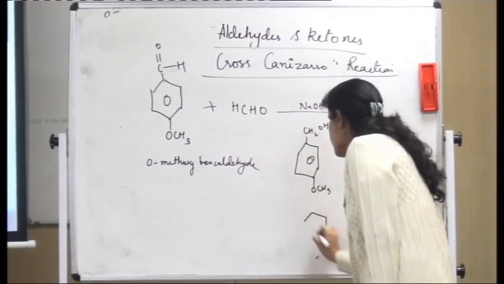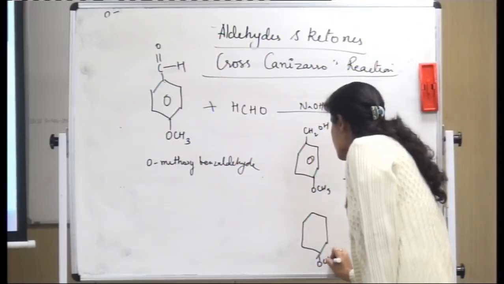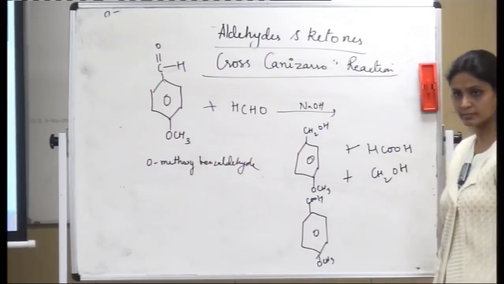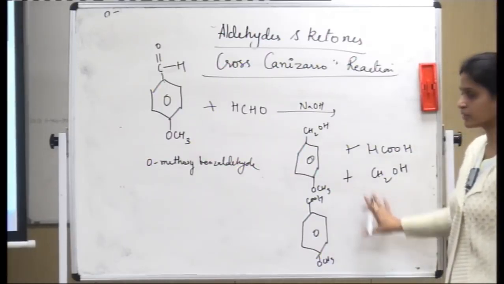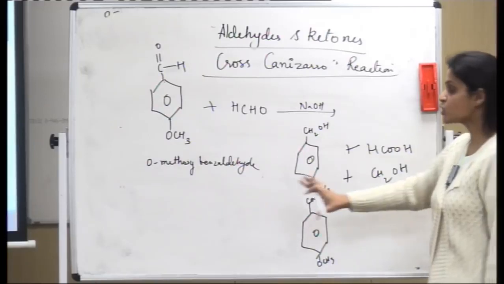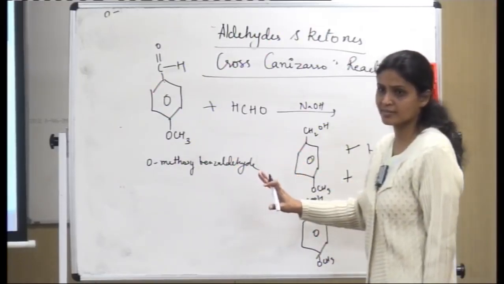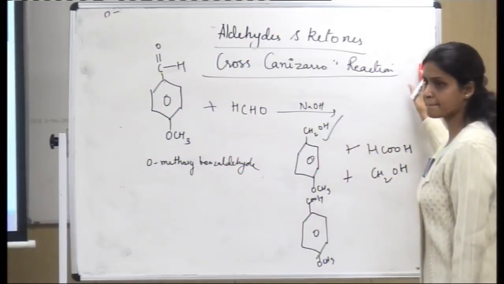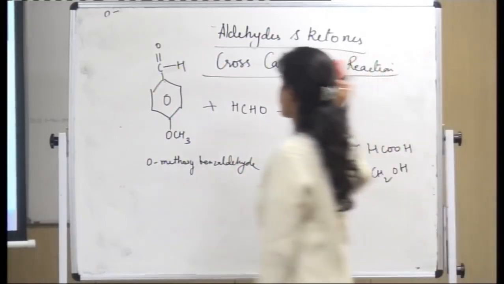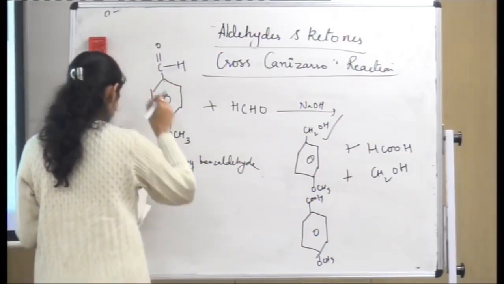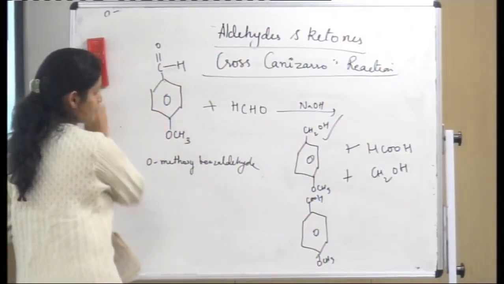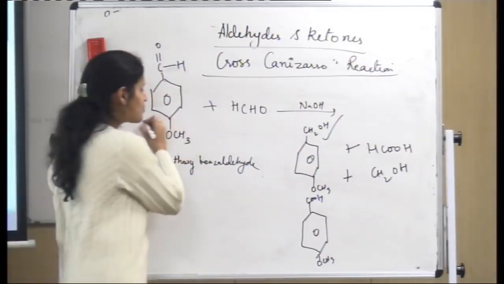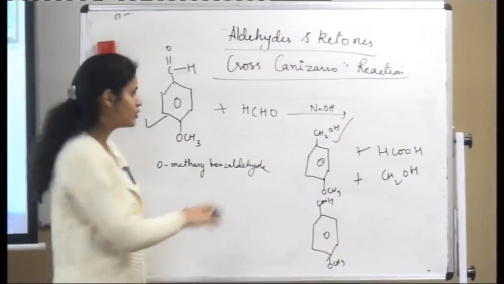Or it could be OCH3 COOH. What should be the possible product? These are the possible products, but what should be the correct answer? CH2OH. Why CH2OH? Why will this compound undergo reduction and why not this?